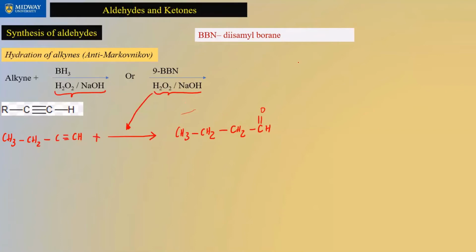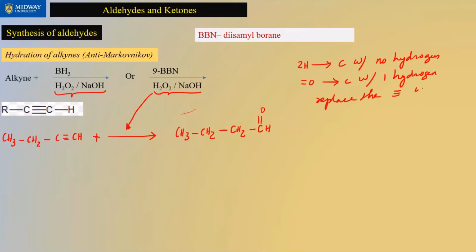So 2 hydrogens go to the carbon with no hydrogen, and double bond O goes to the carbon with 1 hydrogen. And replace the triple bond with a single bond. That's exactly what I have done.